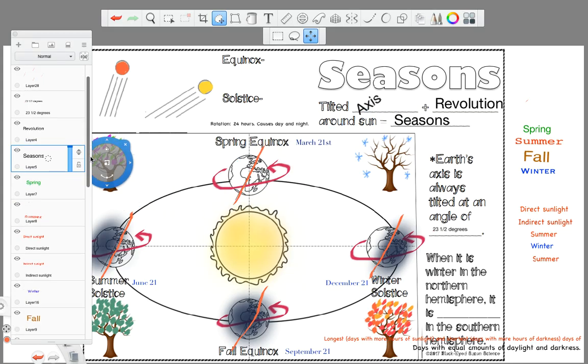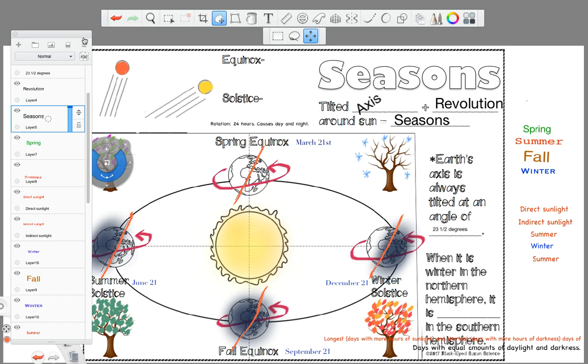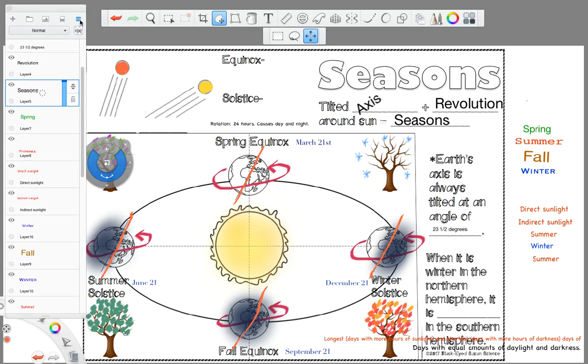So now we're actually going to take a closer look and see what that actually looks like. And the neat thing about learning this is that you can tell where you are in Earth's orbit or Earth's revolution simply by looking out the window and knowing what season it is.